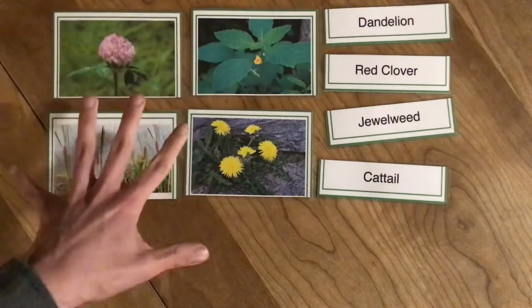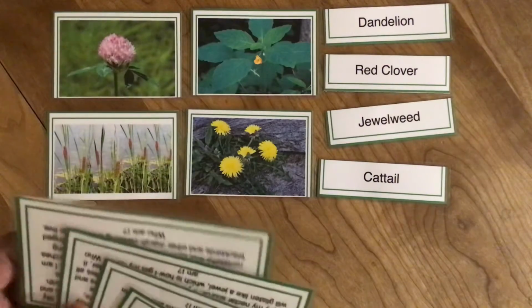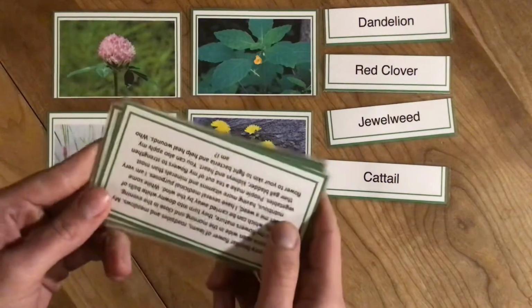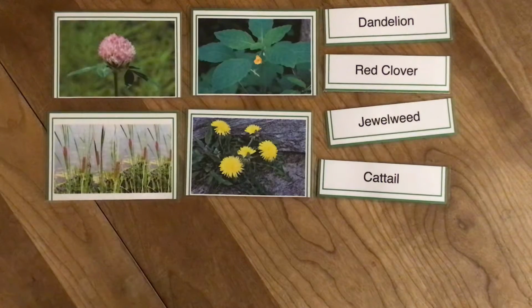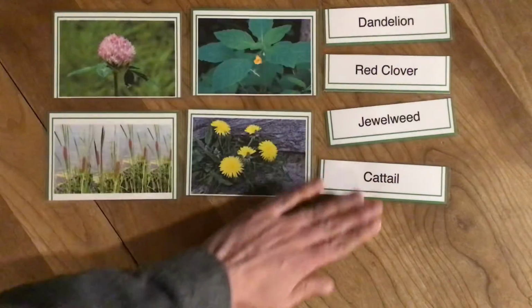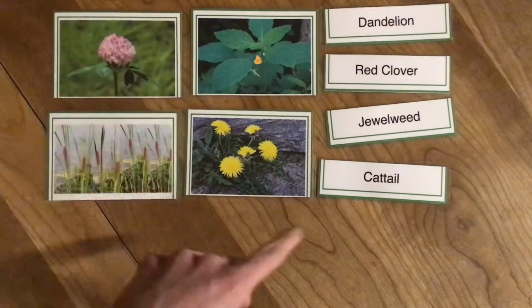So I have 4 of them out. I'm going to read a description of the plant, and you're going to try to guess which plant I'm talking about. So right now the names of the plants are all here, but they're jumbled up.